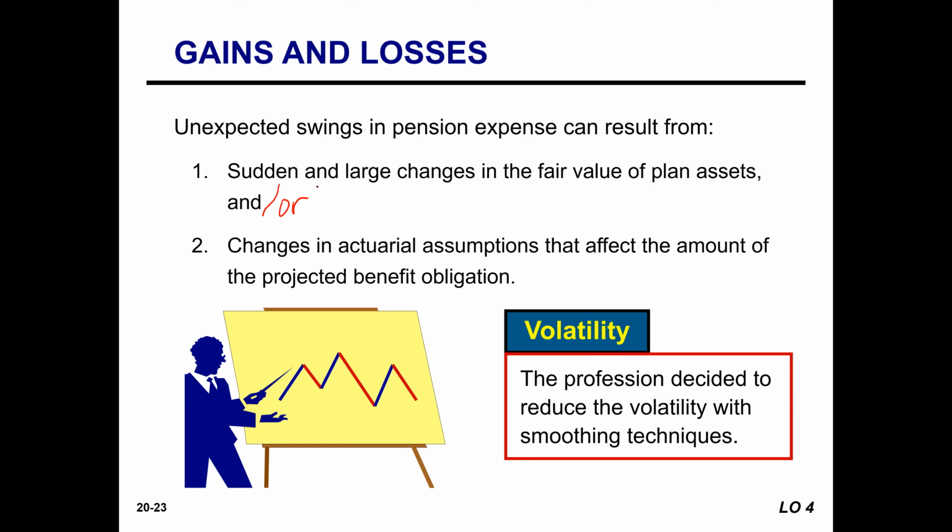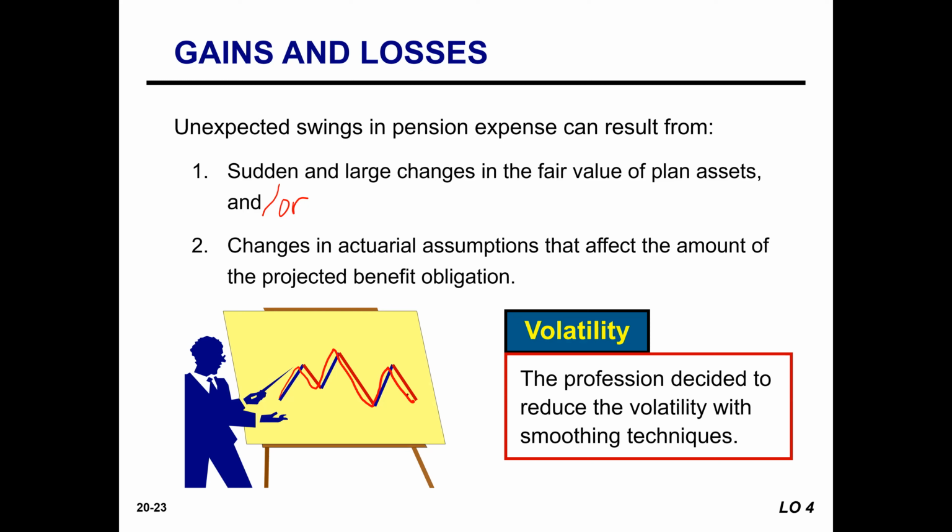So, not only because we have these ups and downs in the market, but changes in, for example, life expectancy rates, changes in the number of employees, changes in the expected retirement date of the employees, or whatever, right?